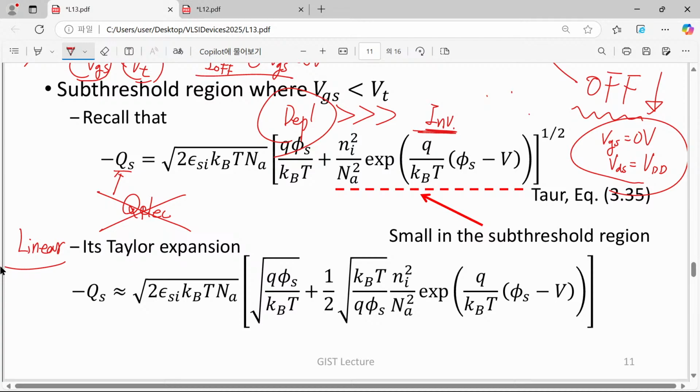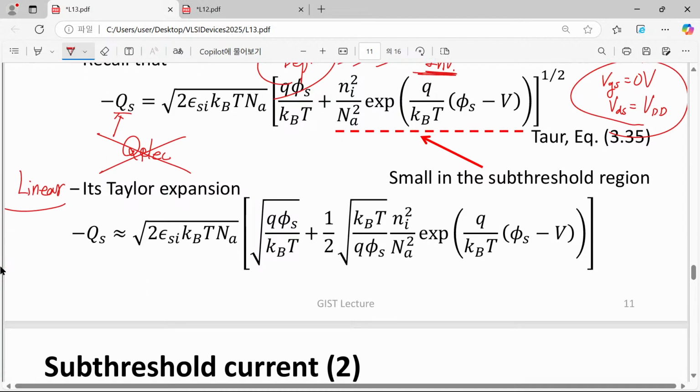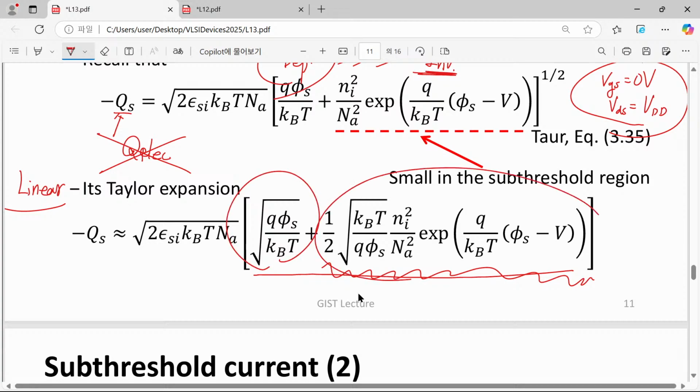If we adopt linear approximation, then now we have this kind of calculation. Please have a look at this one, corresponding to the electron contribution to our negative charge. And when we make a comparison between this and this term, which is the dominant one? As we have already assumed, this is much higher in its magnitude.